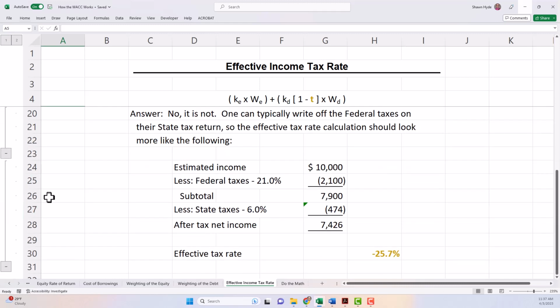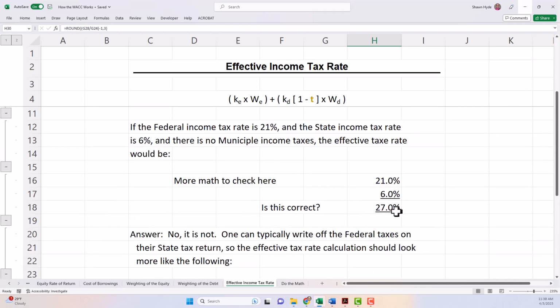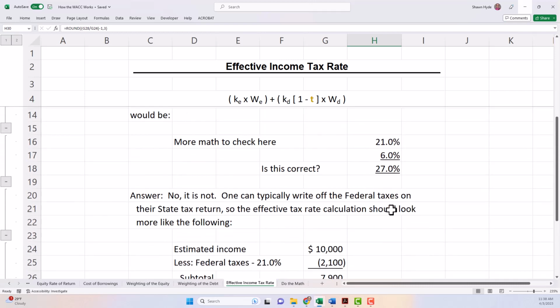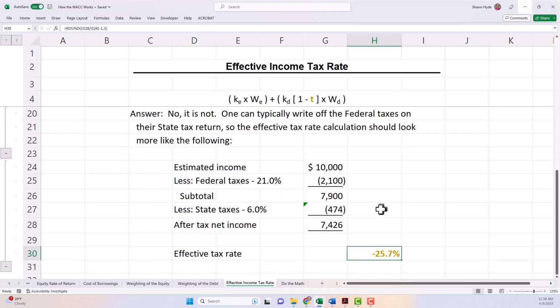So if we assume 10,000 in income, subtract out the Fed taxes, there's a subtotal, then the state taxes off of that. There's your total after-tax income right there. The effective tax rate is going to be the math showing what's left divided by the original above, which gives you an actual tax rate of 25.7%, not 27%. So pay attention to that as well.